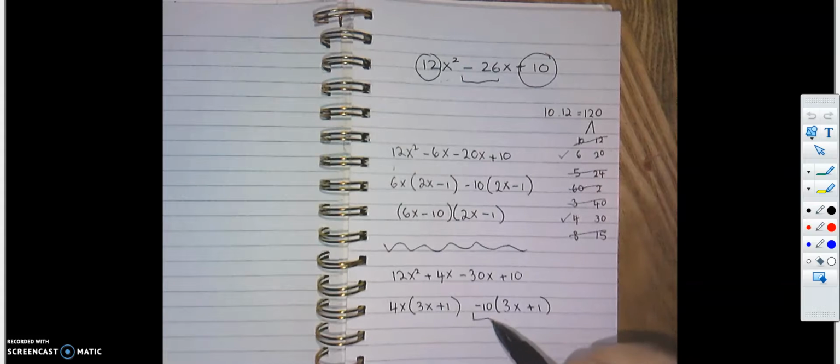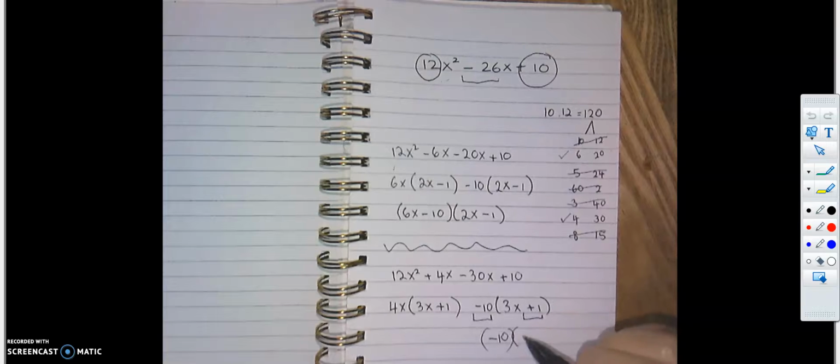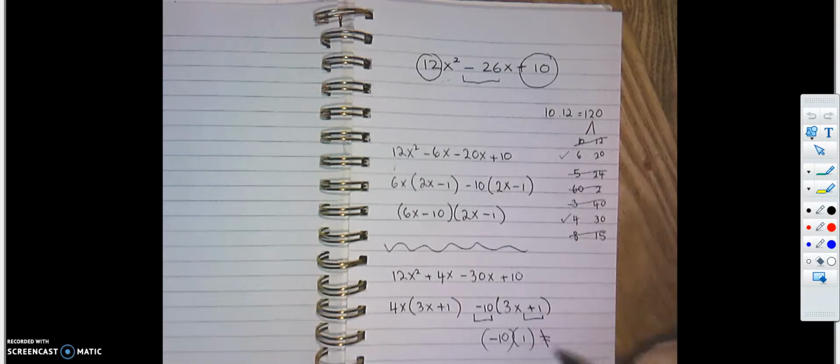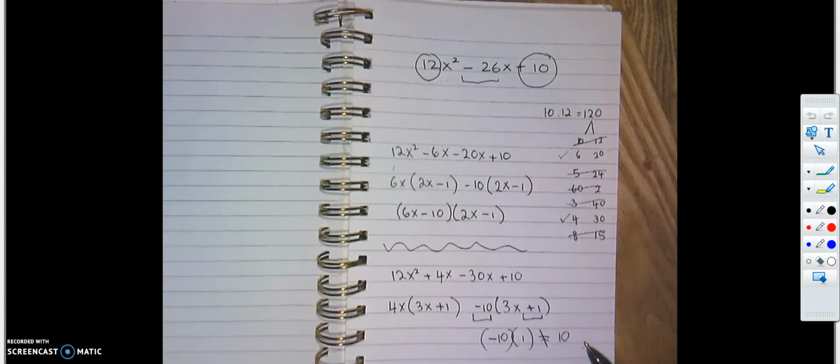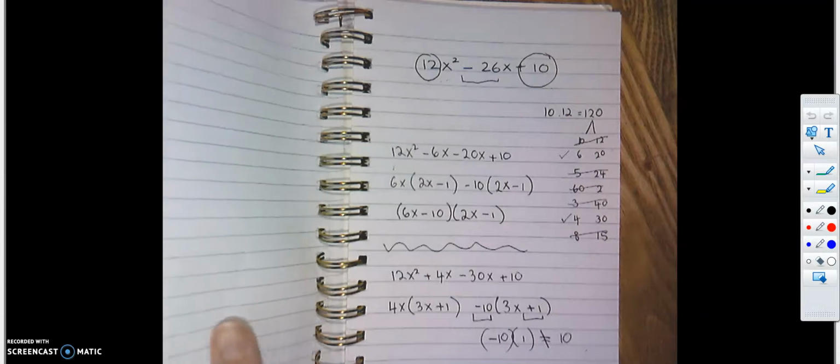You'd go, I have 3x, I need minus 30, so I need a minus 10. But when you check, minus 10 times plus 1 does not give us 10. So that's how we know this one isn't correct. Okay? So the reason I'm asking you to do this method is it's easy steps to follow. You don't really have to think too much.